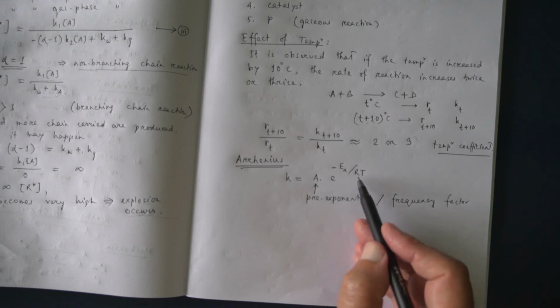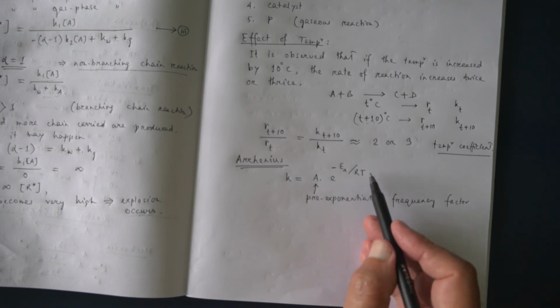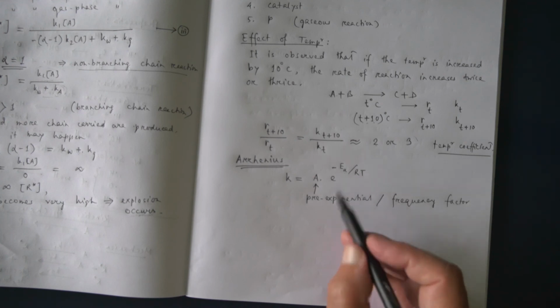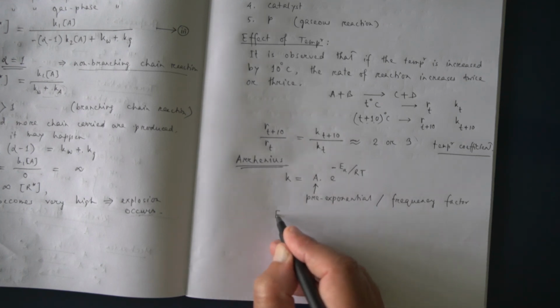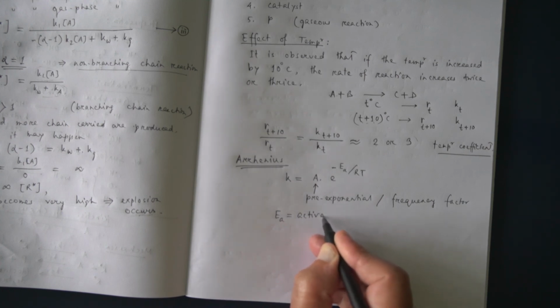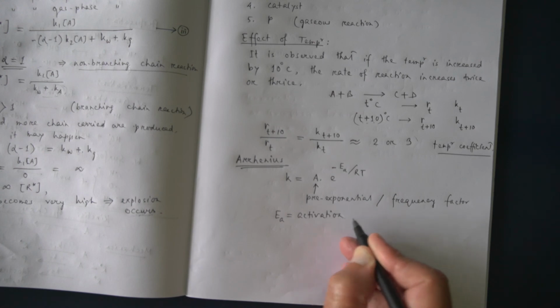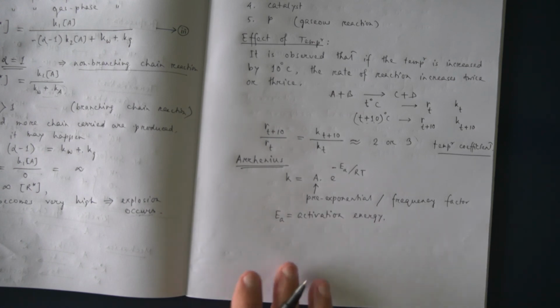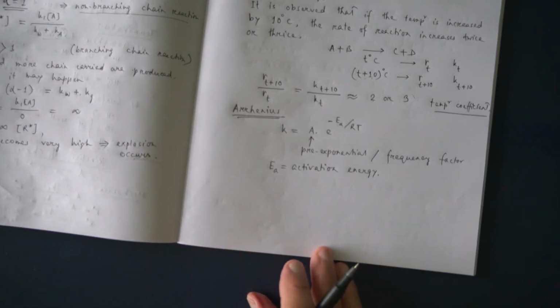Then R, you know, is the molar gas constant. T is the absolute temperature, Kelvin temperature, and Ea is the activation energy.